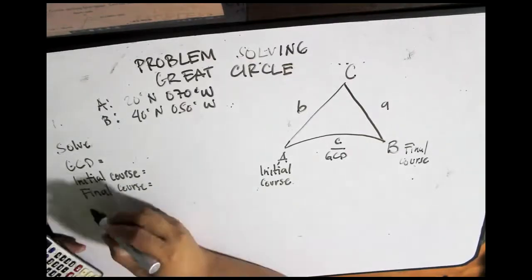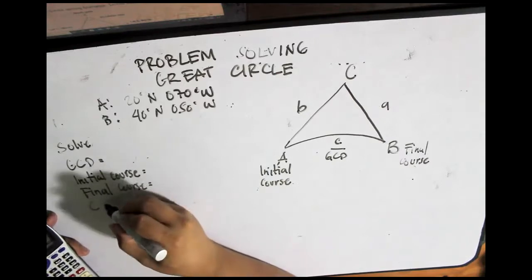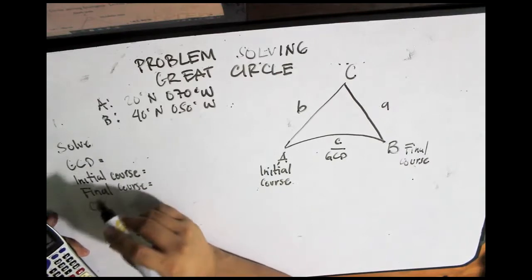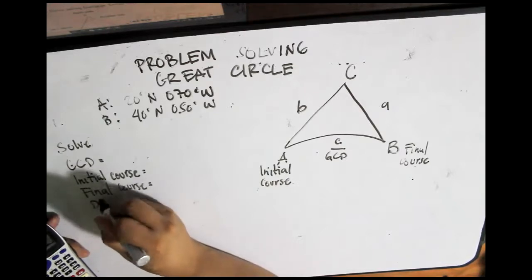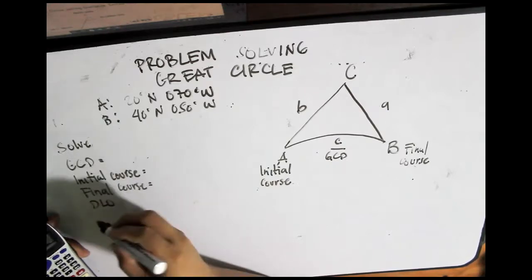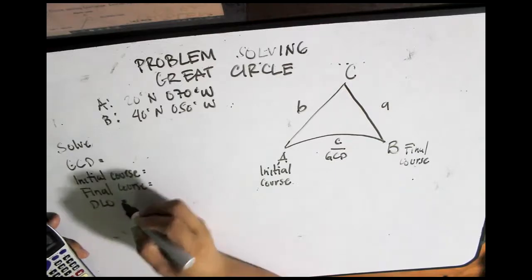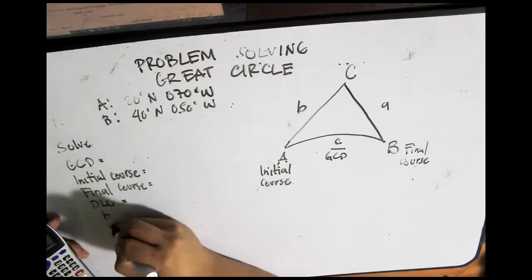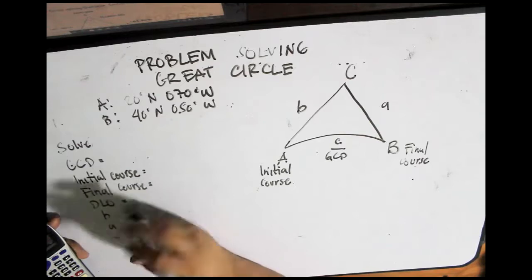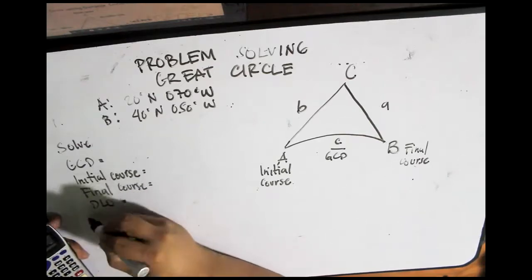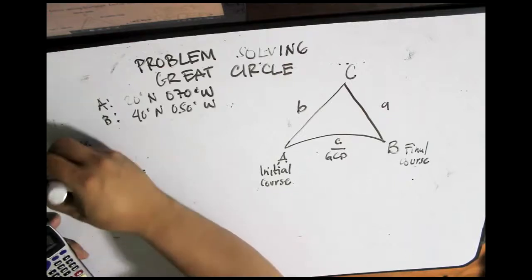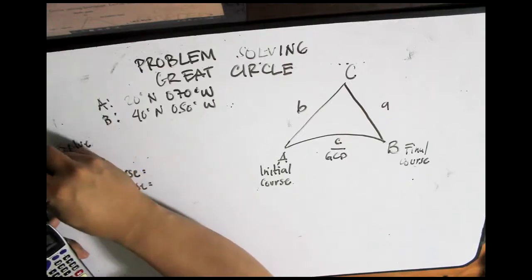So, we have here the C, which is your DLO, no? Yung C natin, DLO. Okay? Kukumputin muna natin yan, yung B and A. Ito yung C. Ulitin ko, C yan.